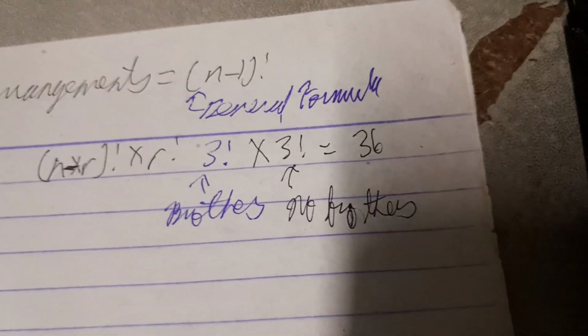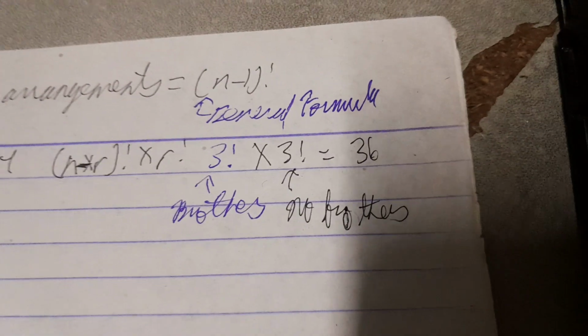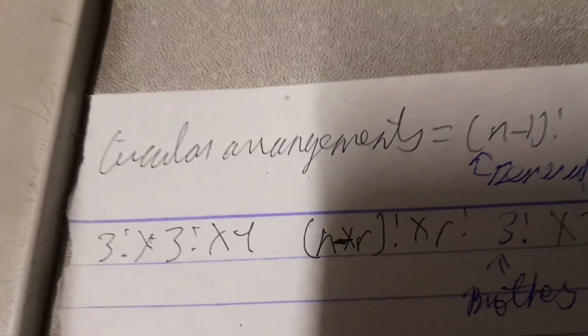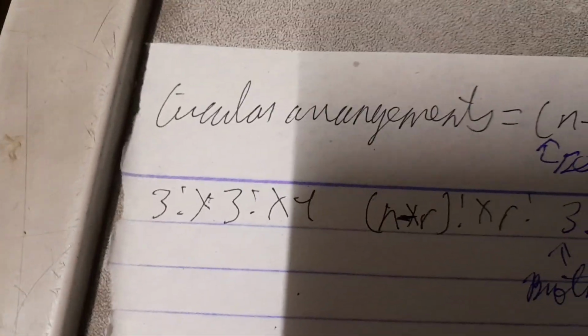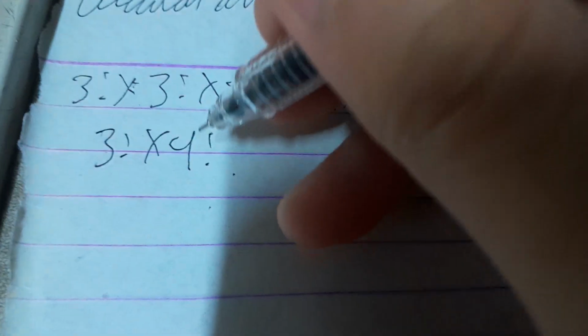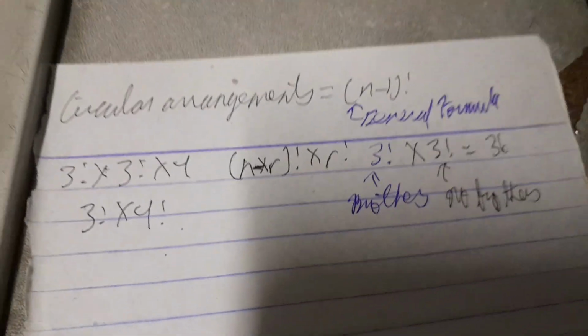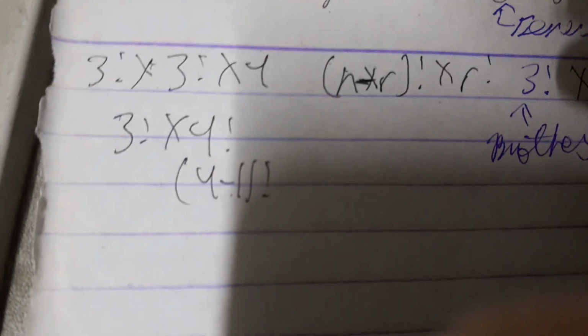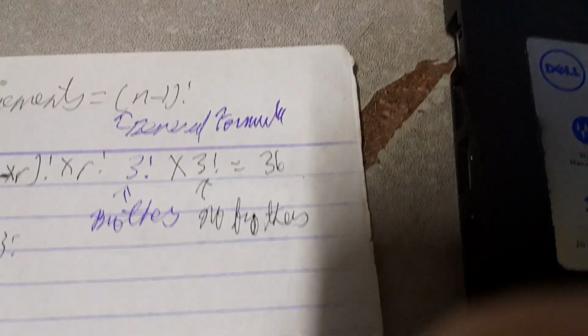Normally, that would be 3 factorial times 4 factorial, but the 4 factorial can be simplified to 4 minus 1 factorial, which is 3 factorial. So 3 factorial times 3 factorial, and you get the same answer here.